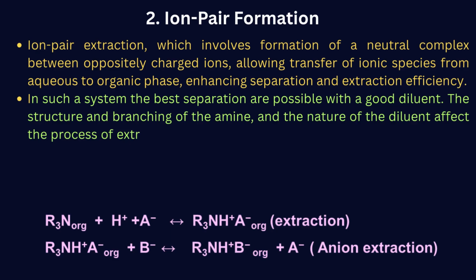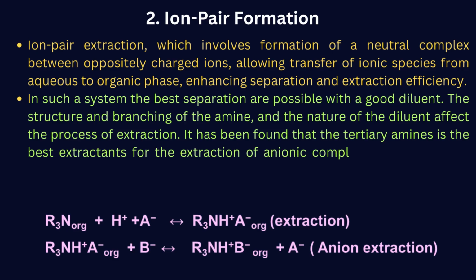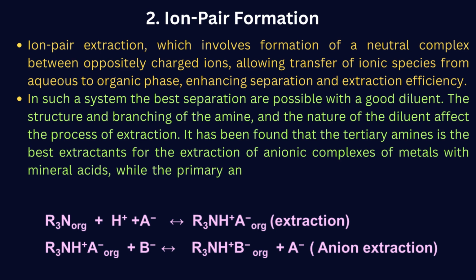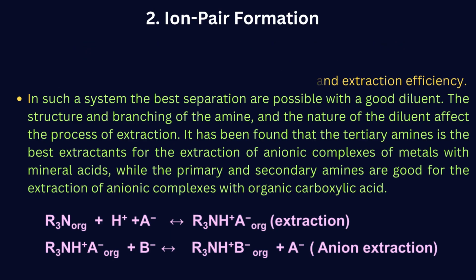It has been found that the tertiary amines, R3N organic, given below in the chemical reaction, are the best extractants for the extraction of anionic complexes of metals, shown as AB- in the reactions, along with mineral acids, that is H+ ions, while the primary and secondary amines are good for the extraction of anionic complexes with organic carboxylic acid.